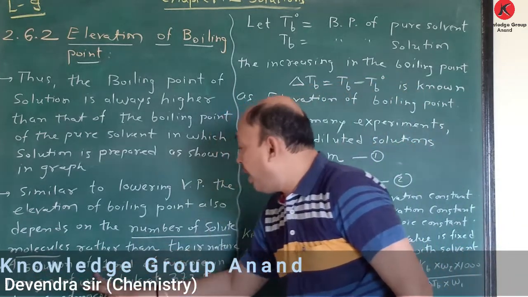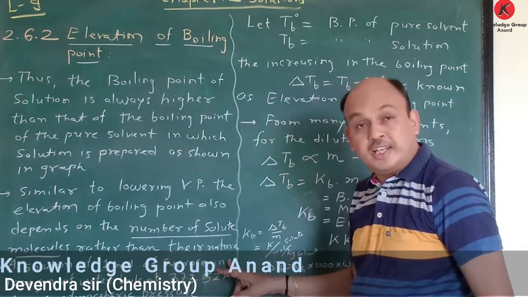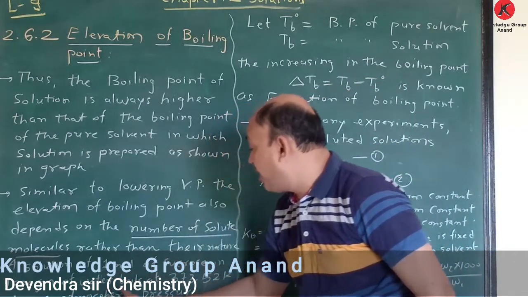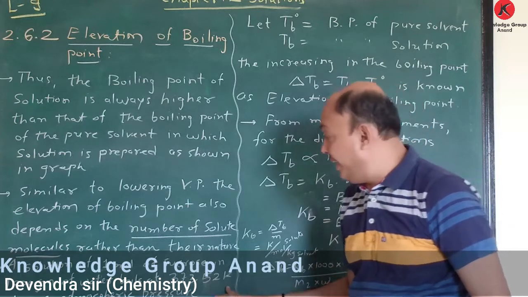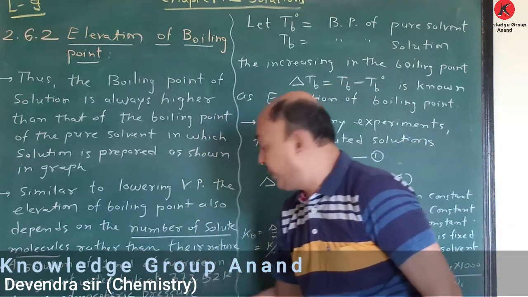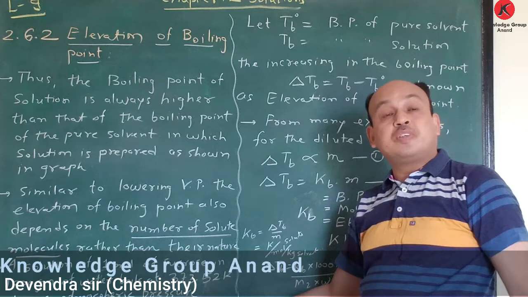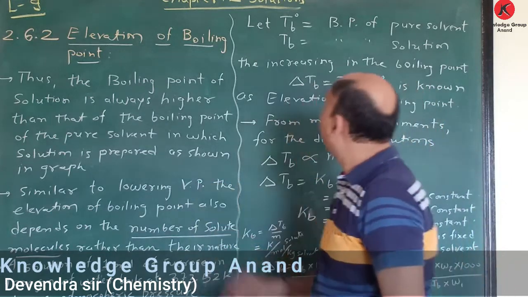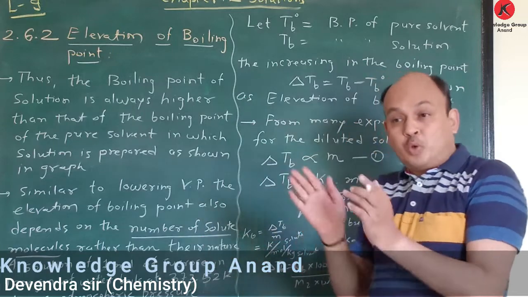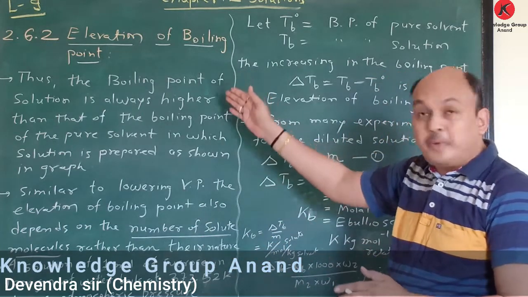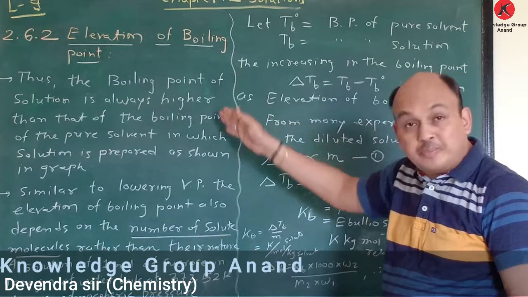A solution of 1 mole of sucrose in 1000 gram of water boils at 373.52 Kelvin at 1 atmospheric pressure or 1.013 bar pressure. So here you have understood all these things from the graph. Draw attention to the graph, whatever the points are written, it is from the graph.